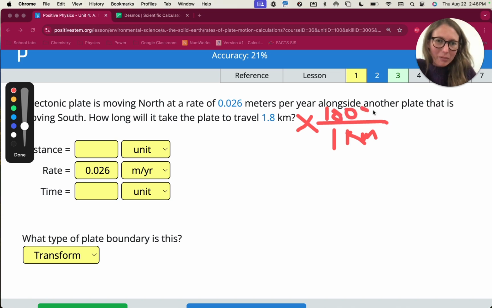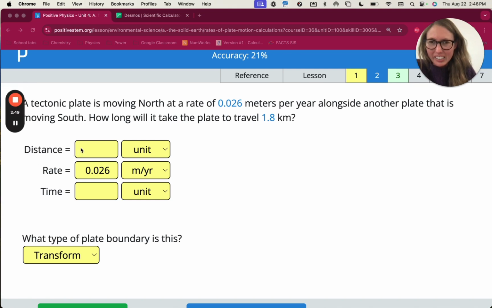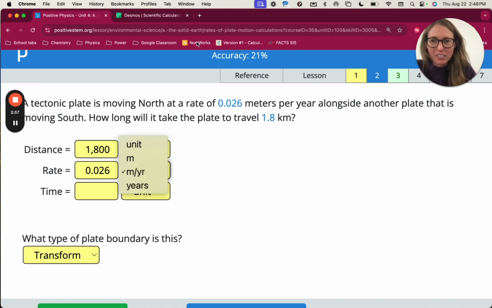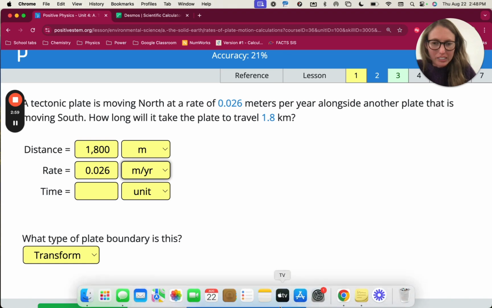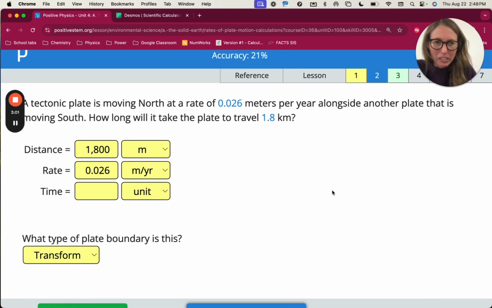Okay, trying a different thing here. So if we calculated that out, we would end up getting the distance here is 1,800 meters. I know it's an extra step to show the conversion there instead of just looking it up, but you'd want to be able to practice that for a test or the AP exam.